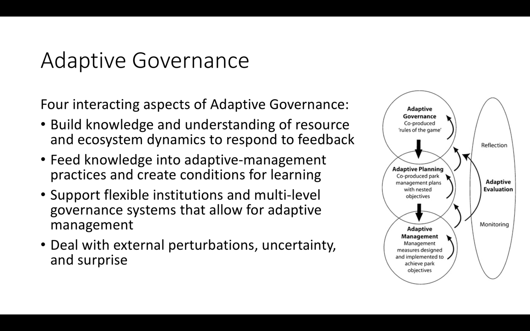You can see the relationship between adaptive management and adaptive governance in the figure on the right. Adaptive governance really refers to this meta perspective of management in regards to co-producing the rules from which management decisions are made, from which planning is made, and then also, really important, monitoring, learning, and feeding that learning back into the rules of the game.